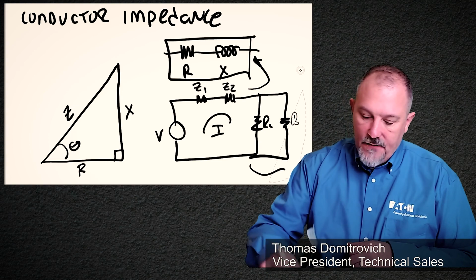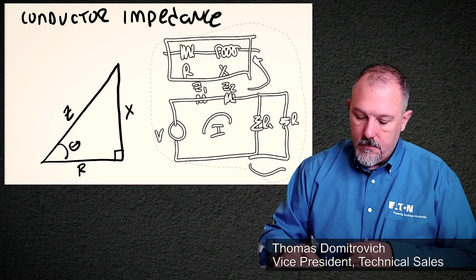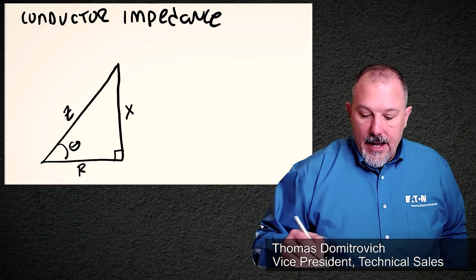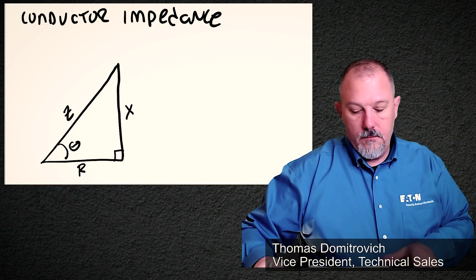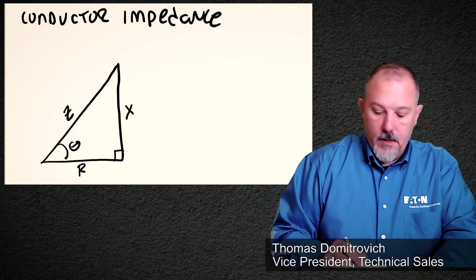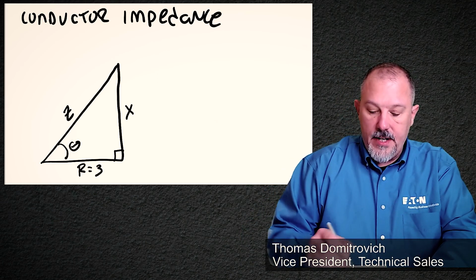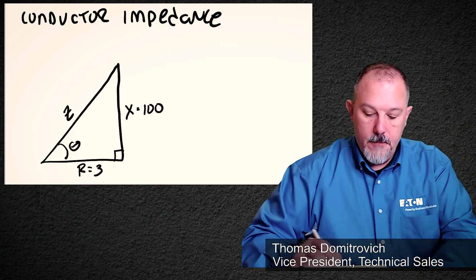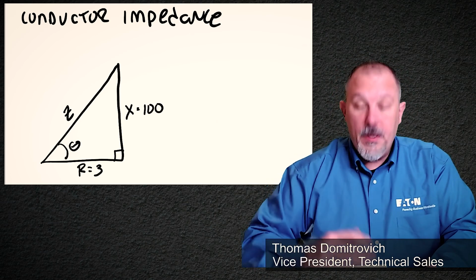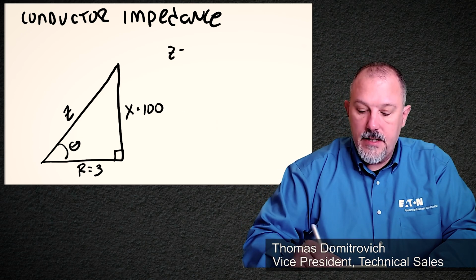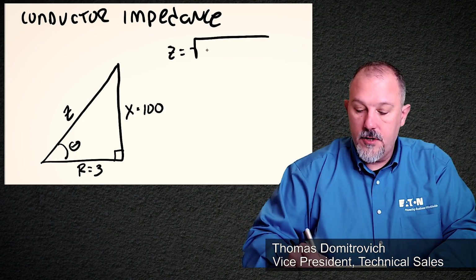So let's say, for example, that I have an R of 3 and my reactance is 100. Based upon the rules of trigonometry, I know that Z is equal to the square root of R squared plus X squared.